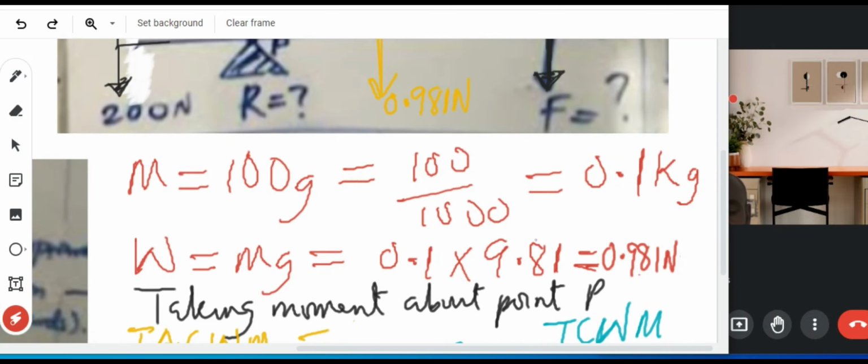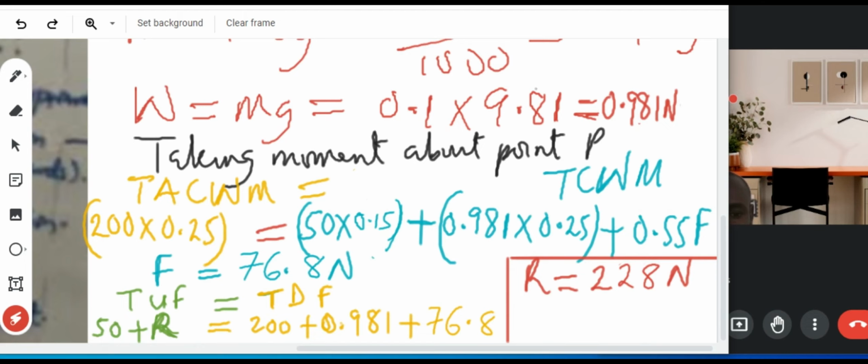If we had gotten negative, it means R was acting downward. But since we got a positive 228 Newton, it is acting in the direction assumed, which is upward. All right.